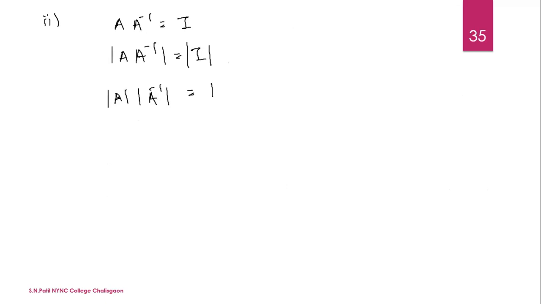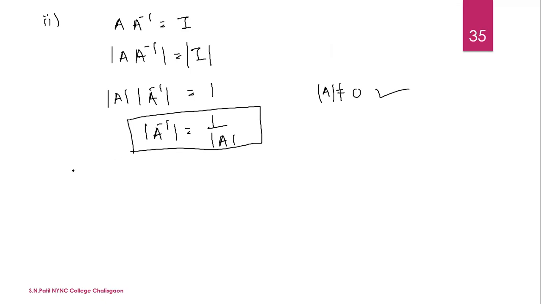Now the determinant is a value, and in the theorem A is non-singular, that is determinant of A is non-zero. So it can be written as determinant of A inverse is 1 upon determinant of A, because A is non-singular. This is the proof of the second.